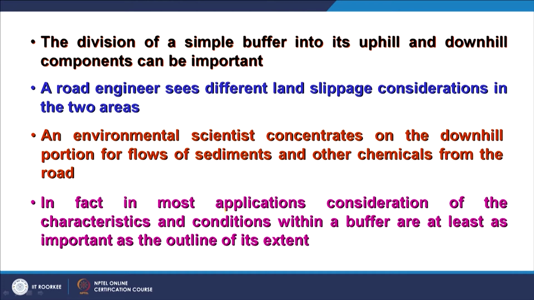In most applications, the consideration of characteristics and conditions within a buffer is at least as important as the outline of its extent. That means that not only the extent is important, but other impedance which will allow us to create more realistic buffers. To generate such outputs, one has to have a good understanding of that particular phenomenon, and then we need to have that input also, and then we generate a more realistic buffer.